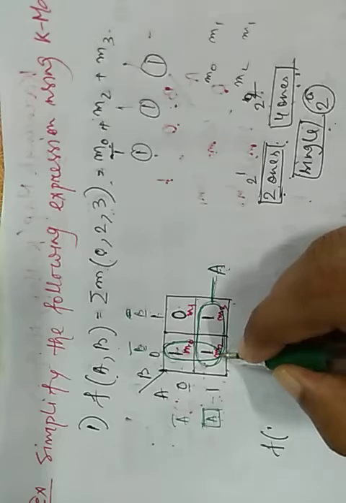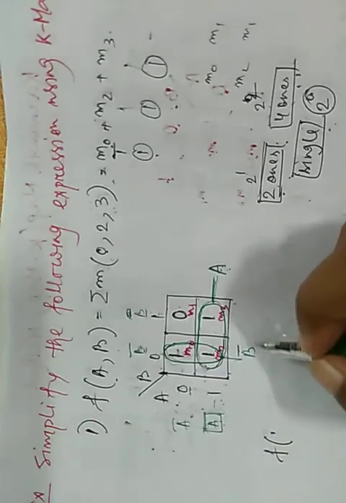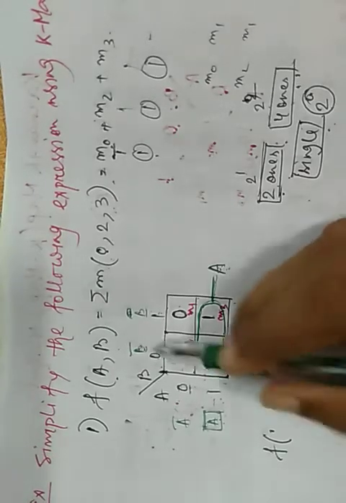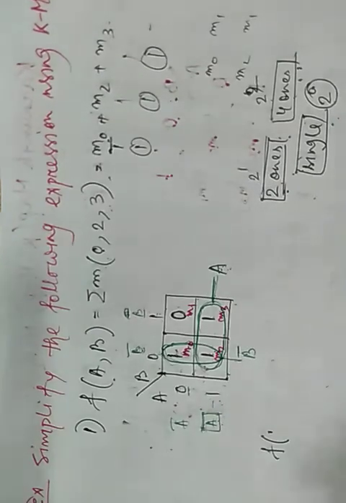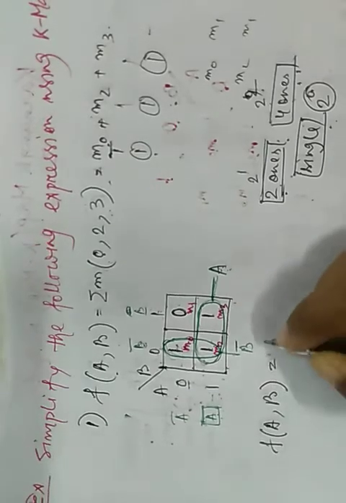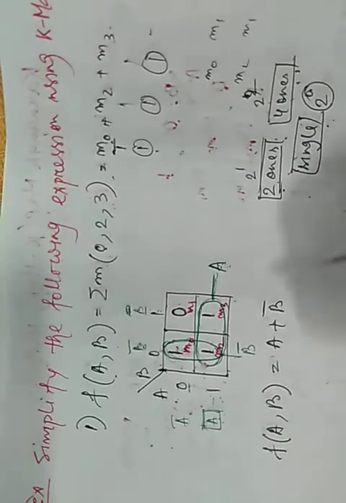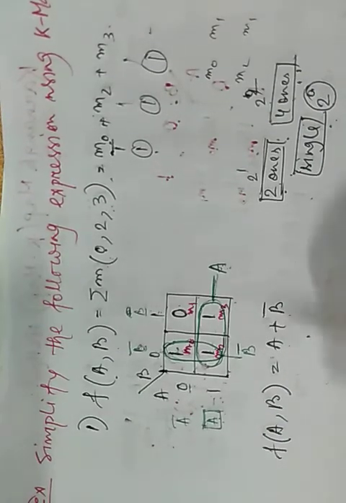So for this combination we take B bar. For the first circle it is A, and for the second circle it is B bar. So we can write F(A, B) equals A plus B bar. This is the simplified form of the expression.